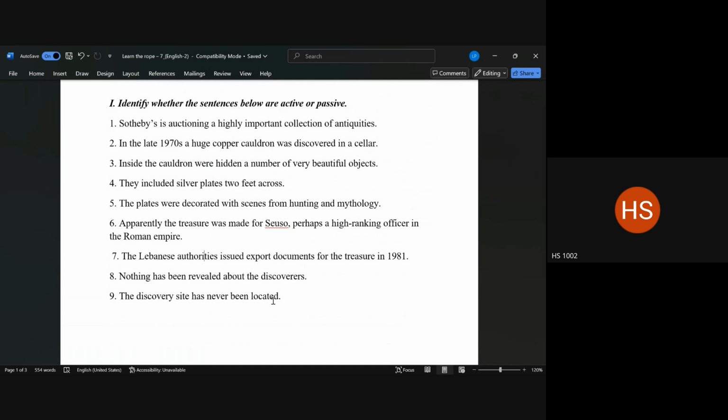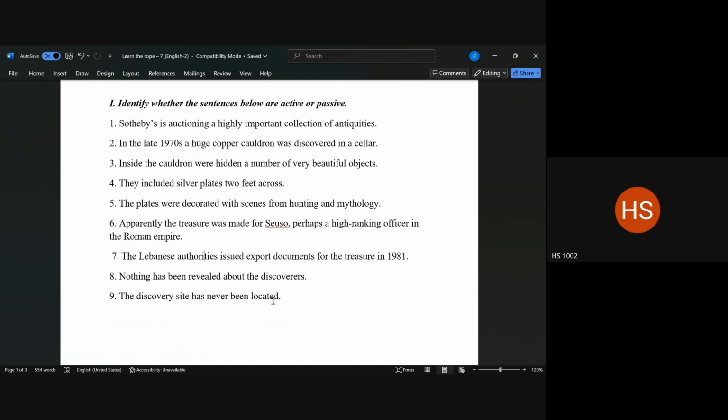So if I want to convert this sentence into an active sentence, what do I do? Ideally, I should have both the subject and the object in the sentence, right? So my question is, do we have the subject present in the sentence here?